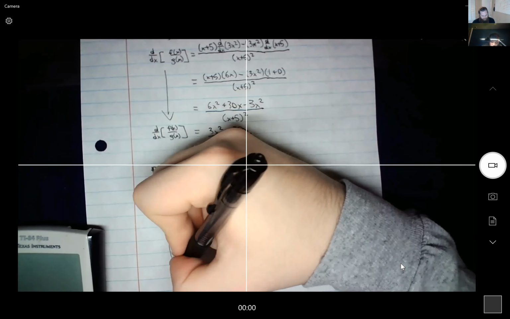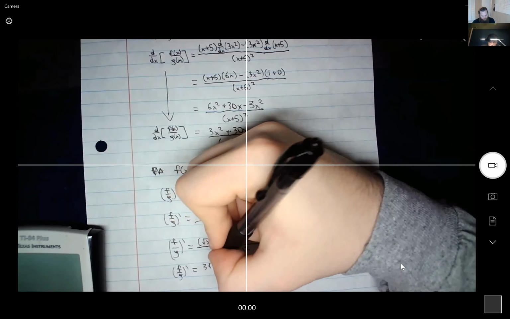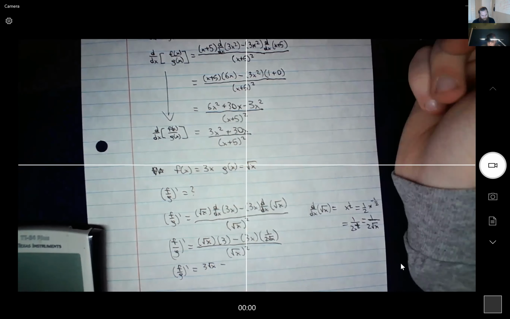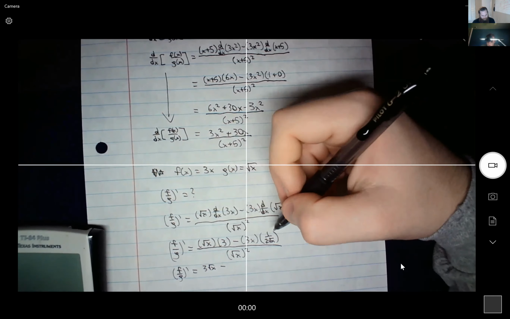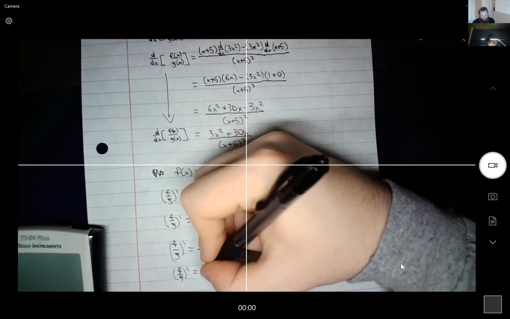So now f over g prime. 3 times root x is 3 root x, minus 3x times 1 over 2 root x. It's going to be 3x over 2 root x, all over x squared.